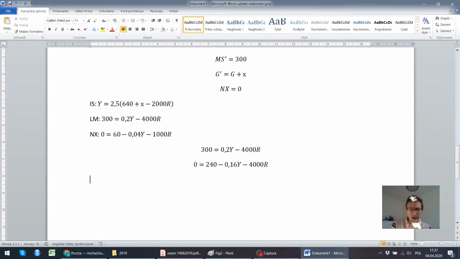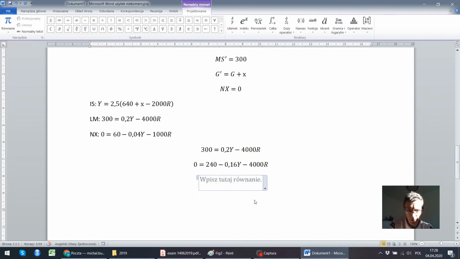Fair enough. What we can do here is simply subtract the second equation from the first equation. So we will have that 300 would be equal to 0.2y, and we are subtracting the right hand side of the equation, which is minus 240 plus 0.16y. Okay, and the 4000r is disappearing.